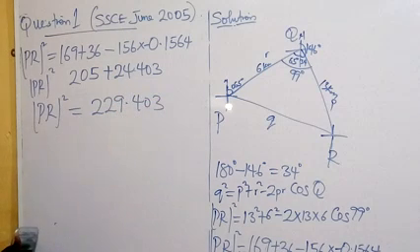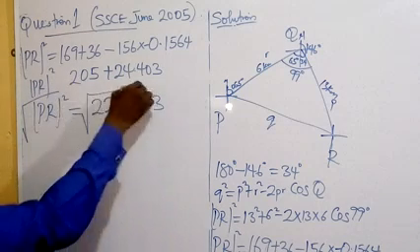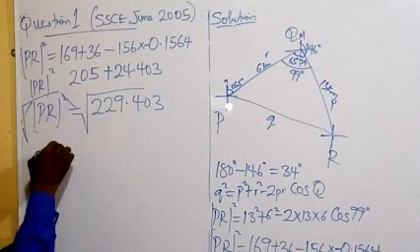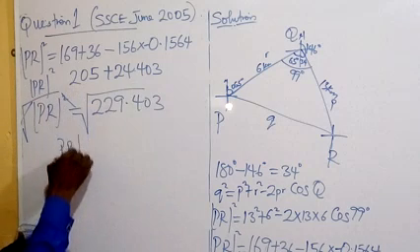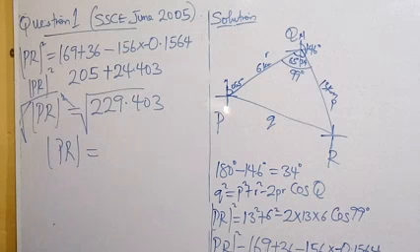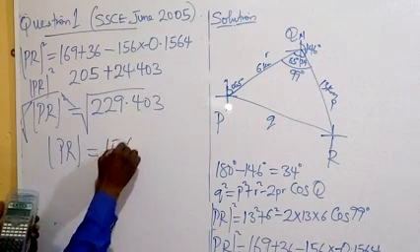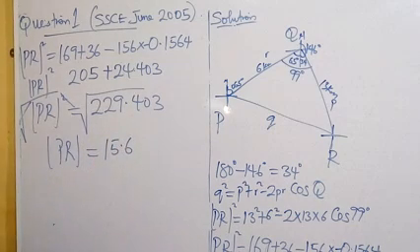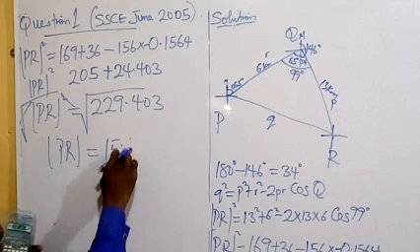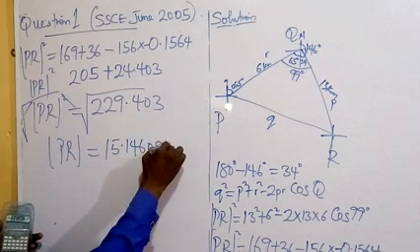All right, at this moment, we take the square root of both sides. This cancels this. So PR equals the square root of 229.403, which gives us 15.146 kilometers.